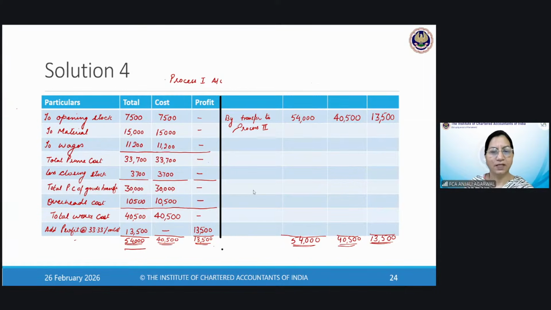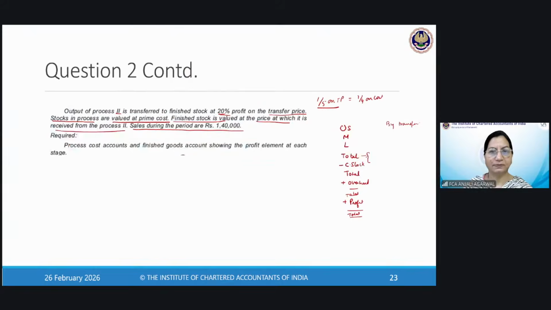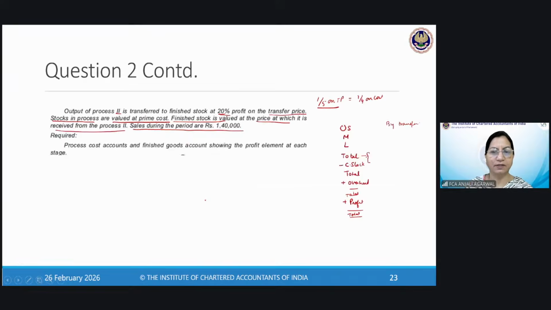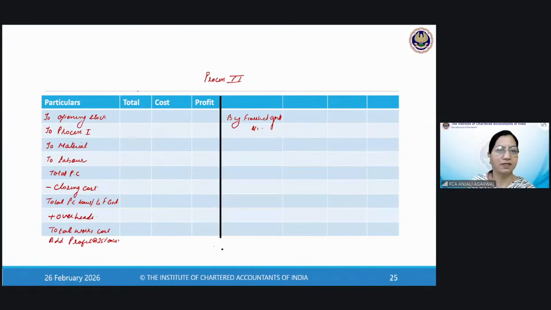Okay. Let's start with process 2. Opening stock 9,000, which has an inter-process profit of 1,500, implies the cost of opening stock from process 1 was 7,500.